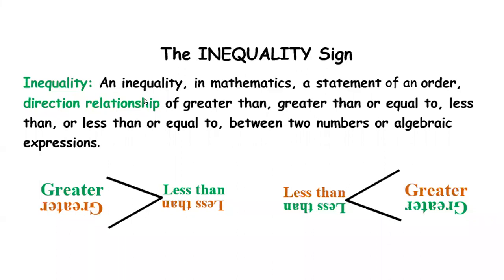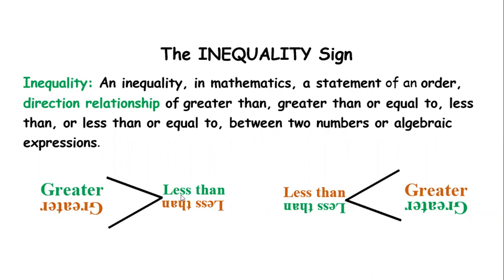The inequality sign. Inequality in mathematics is a statement of an order, direction, relationship of greater than or equal to, less than or equal to, between two numbers or algebraic expressions. And what is the symbol for it? Here it is. So if X is on that side, you will say greater than.